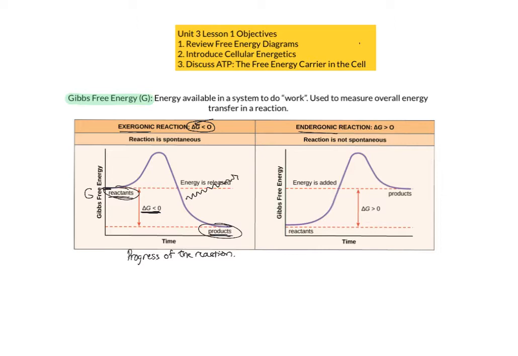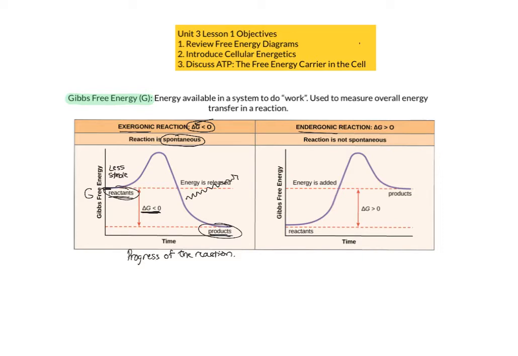Now, at this point, I also mentioned this idea of stability. And we can use this idea of stability to understand how exergonic reactions are spontaneous. And so when we think about reactants and products in an exergonic reaction, it's said that the reactants are less stable.